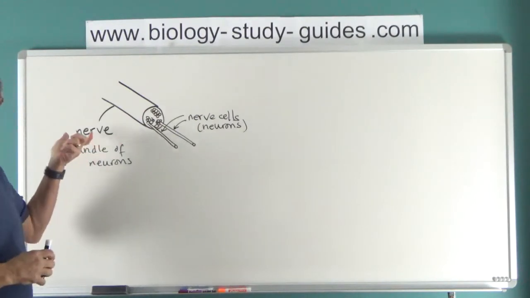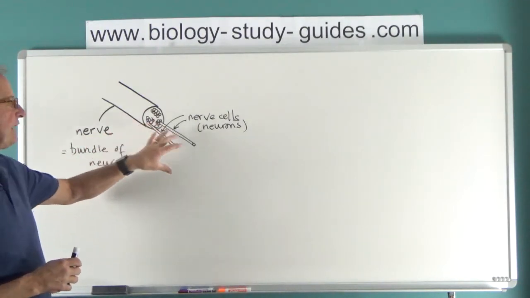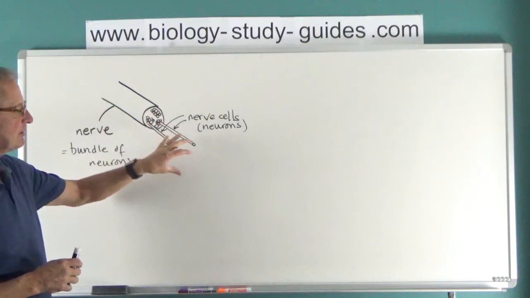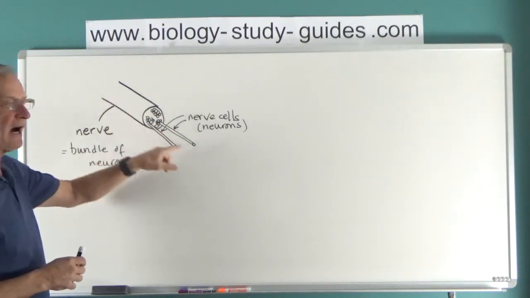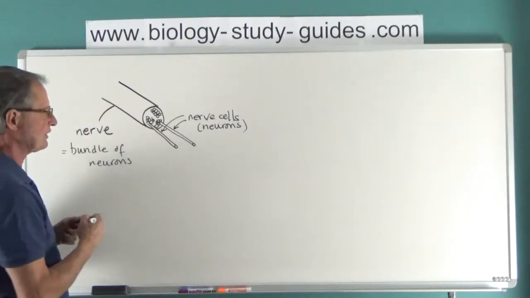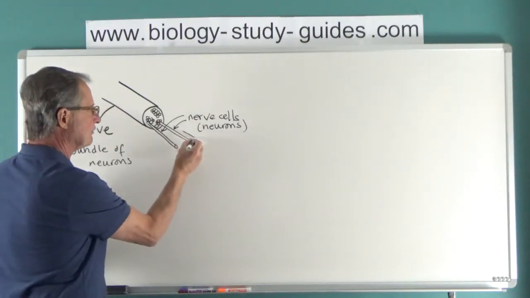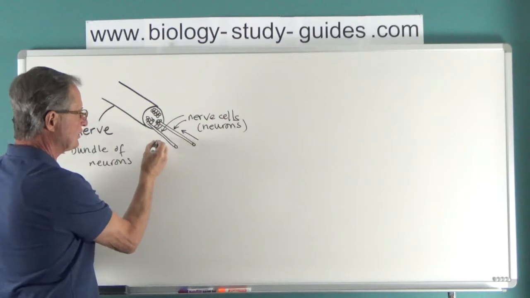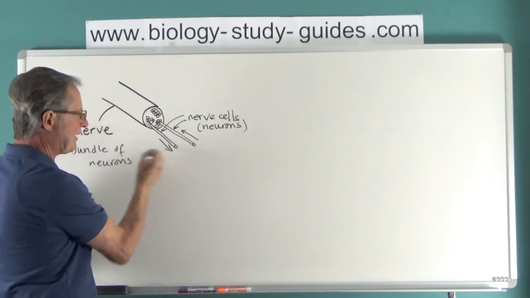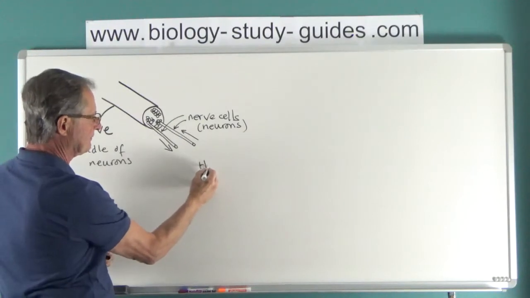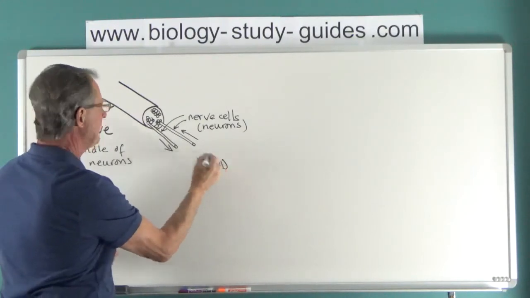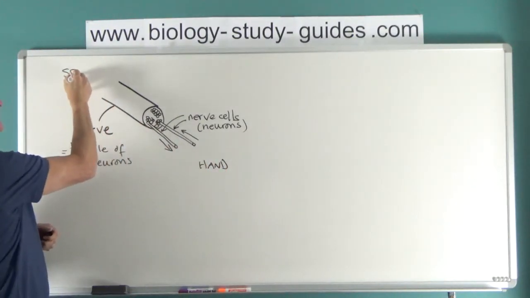Within an individual nerve, it's possible that nerve cells can be conducting impulses either way. Let's suppose that this one is conducting a nerve impulse that way, this one's conducting a nerve impulse that way. And let's further suppose that the hand is down here and the spinal cord is up here.